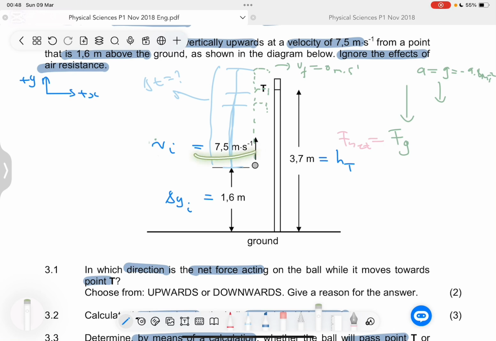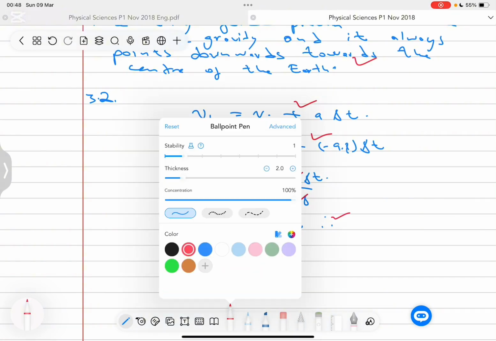Because if we take this initial velocity and the final velocity and the acceleration due to gravity, we are able to find the maximum height, and the value that we get will either be below T or above T, or even perhaps at T. So it means we have to compare the value that we get to this height of T after calculating it. So I'm going to do exactly that.